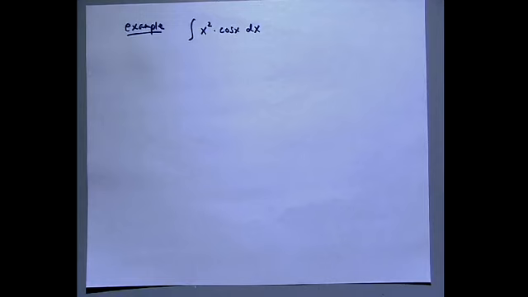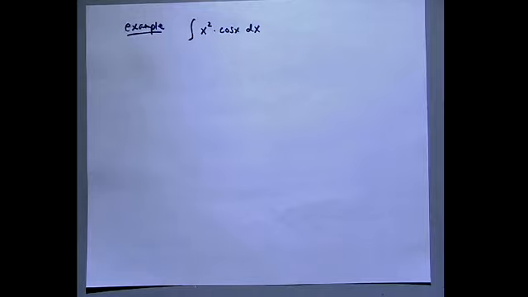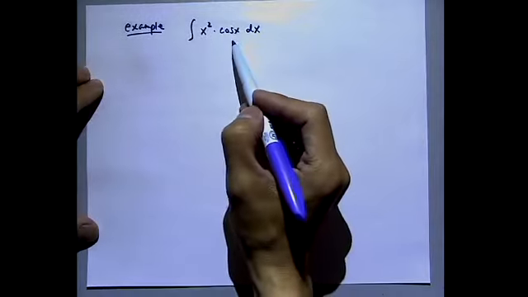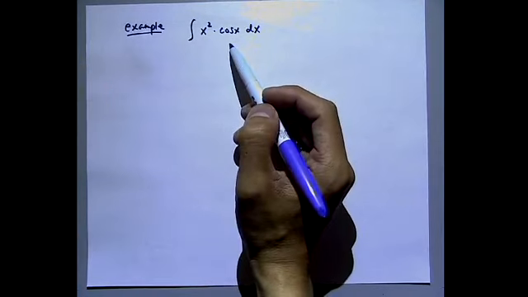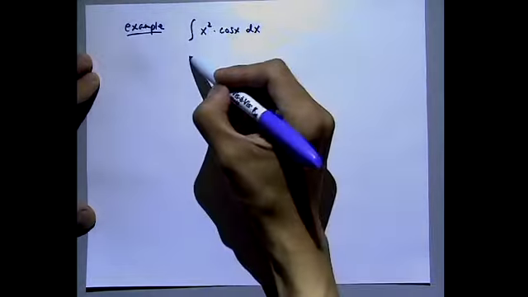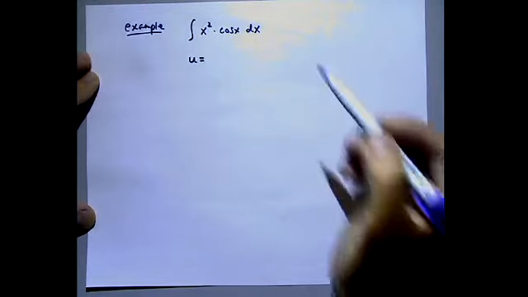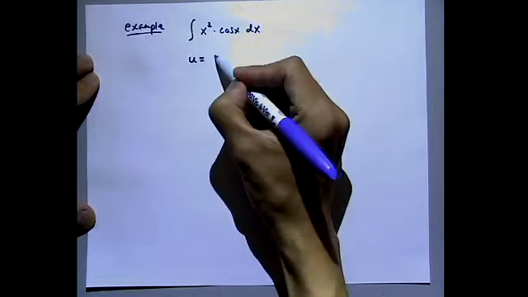When you look at this compared to the last one, it's basically the same type of function, except x has a higher power now. But it is still an algebraic part versus a trig part. When you go through the order, what you choose to be u is still the same, right? We always choose algebraic before trig.